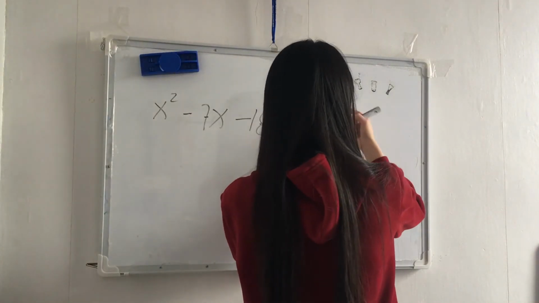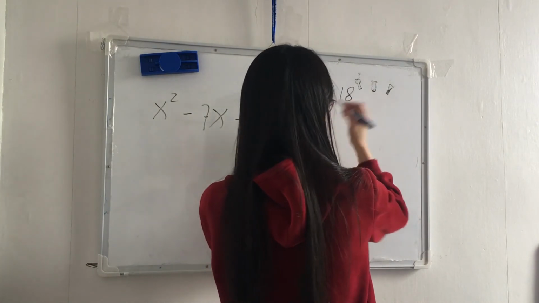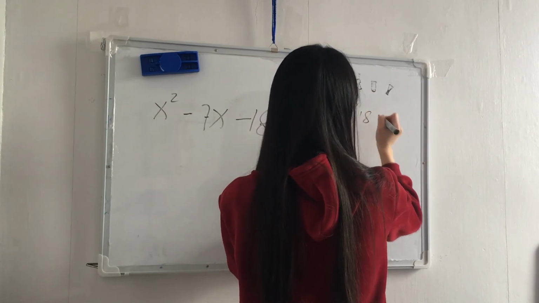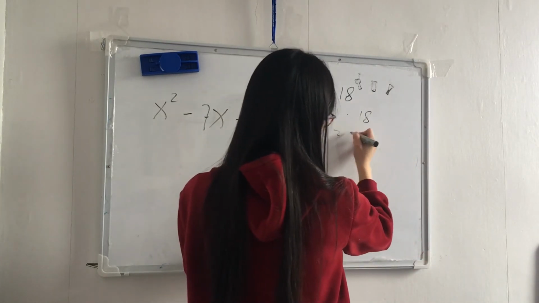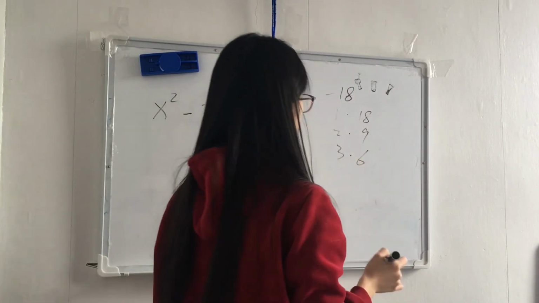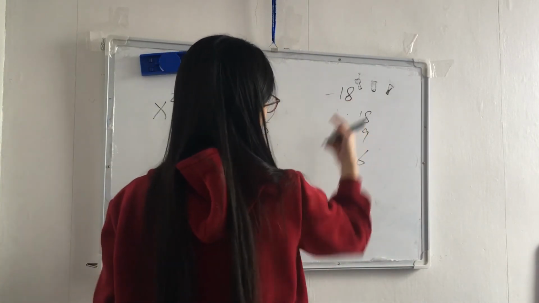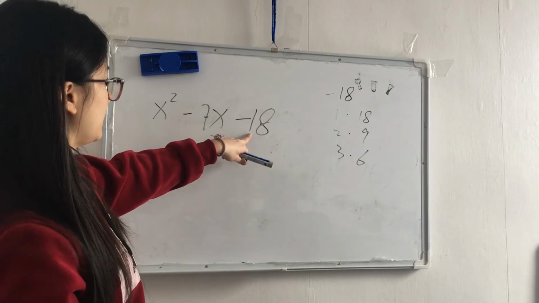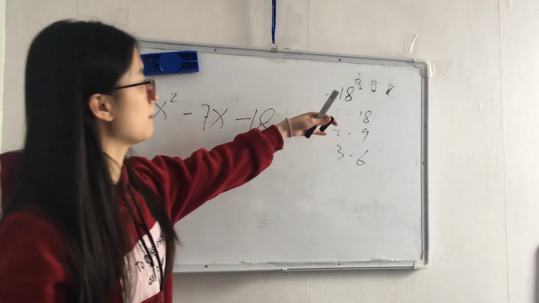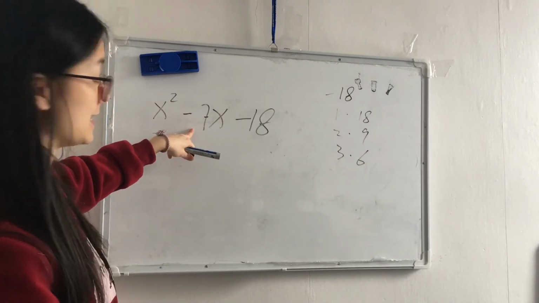Then we can try. We can just look at the 18 first, because then we have 1 times 18, or 2 times 9, or 3 times 6. Those are the factors for 18, right? But we want a negative number, and we want the sum to give us negative 7.